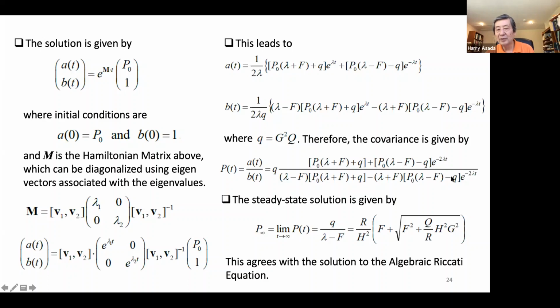This is 0, and this one is 0. So divided by this, you end up with just q over lambda minus f. And you remember we did this replacement, and we have computed lambda. It turns out that this quantity is expressed by this. What is this? This is exactly the solution to the algebraic Riccati equation.